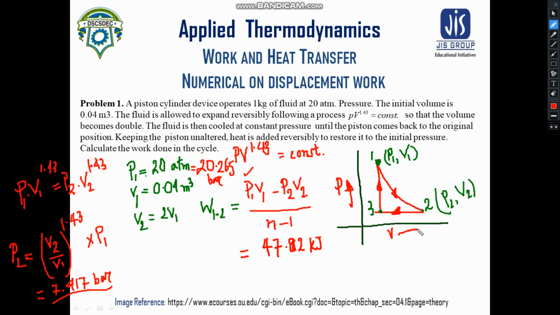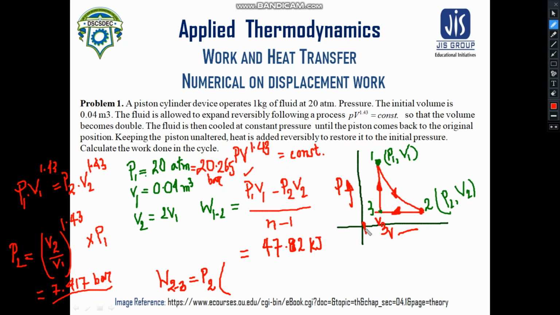We have just discussed it. The pressure maintained here will be equal to the pressure at state 2, which we have already calculated. So work done for process 2 to 3 will be pressure at state 2 times the difference in volume.